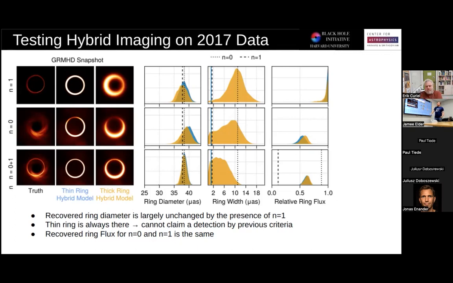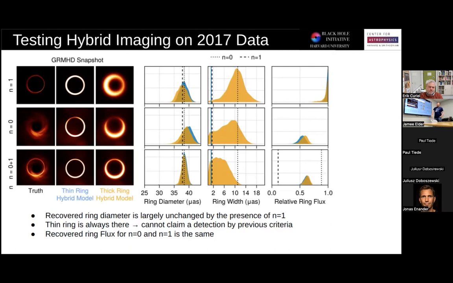Now, something interesting happens when we go to n equals 0. It still wants this ring. It always wants this ring. This makes sense in a certain regard, since this image is dominated by a ring. So what's it going to do when you put a ring on it? It's going to try to fit the ring with whatever ring-like component you have in the model.